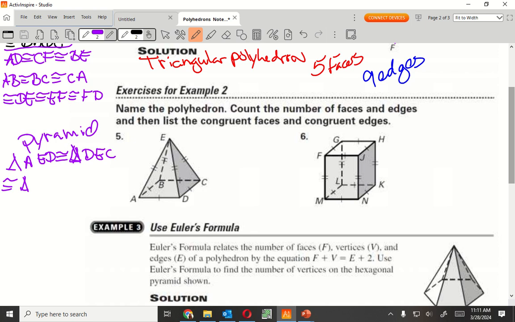That's a triangle symbol. So those are all the sides that are congruent, or the faces.